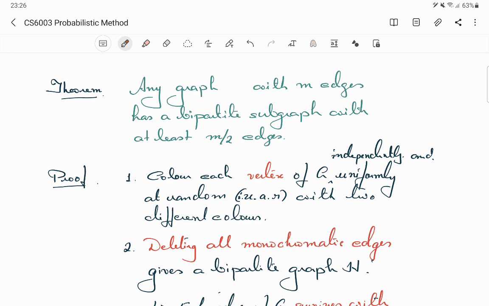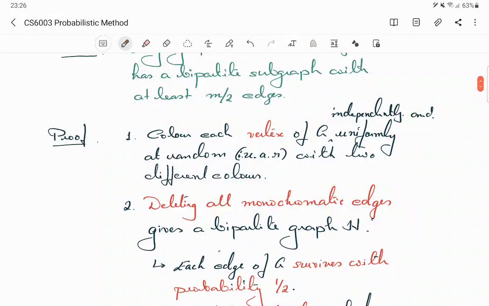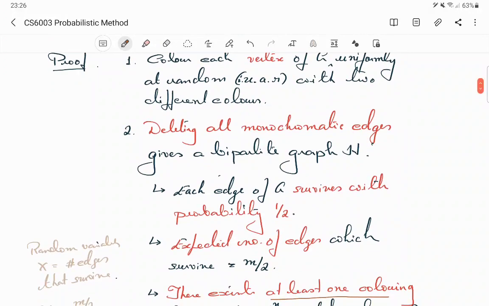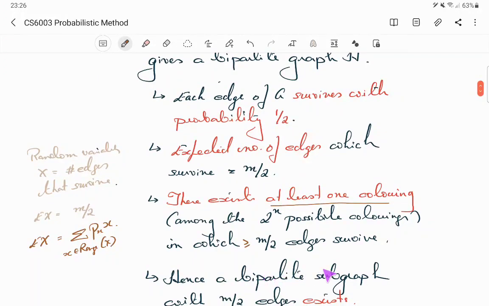Remark number 2: can we convert this proof into an algorithm? Yes, we can, because the final statement says that in one of the colorings, after you delete the monochromatic edges, you are left with a bipartite graph with at least m by 2 edges.